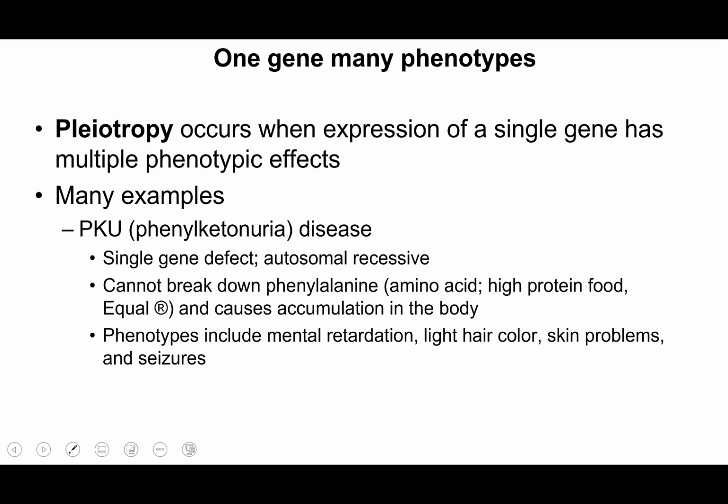Some of those can include things like mental retardation. It can lighten your hair color. You could have skin problems. You could have seizures. The point being is it's different for every single person. It's not like if you have this, then it only affects skin color, right? No, it affects lots of different things. That's a pleiotropic allele.